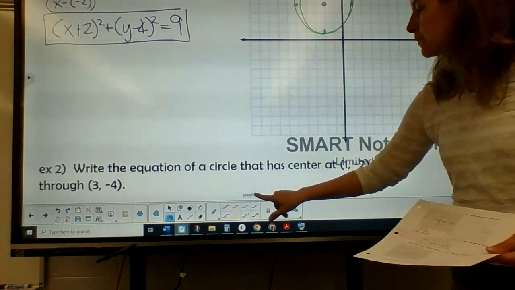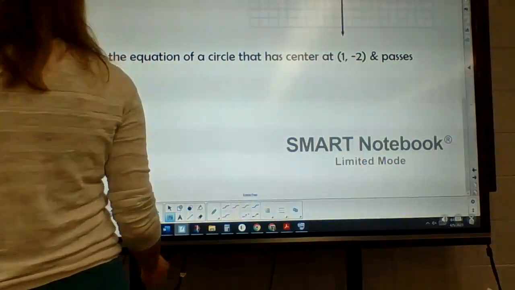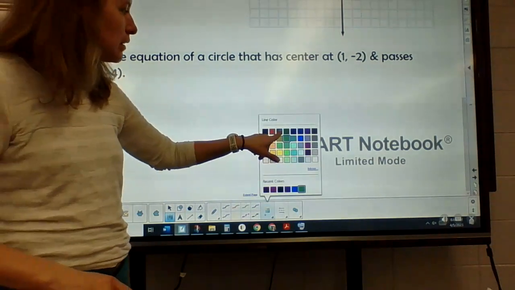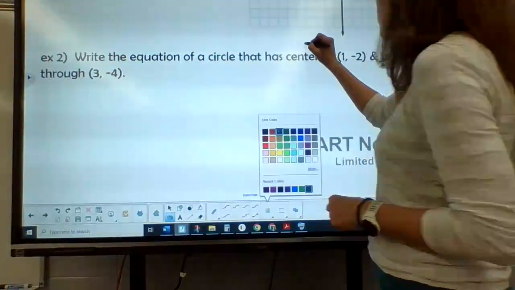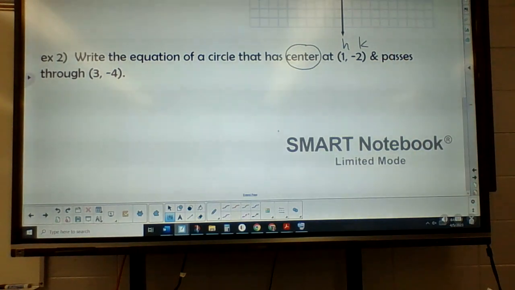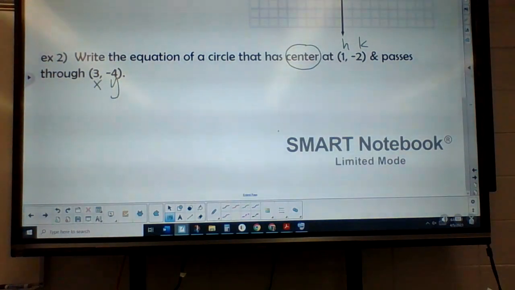All right. So they say write the equation of the circle that has center of 1, negative 2, and it passes through, so they're telling us a point on this circle. So they've told us center is h and k, and then they're telling us a point, so they're telling us x and y.